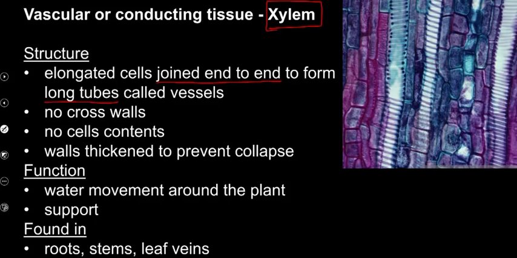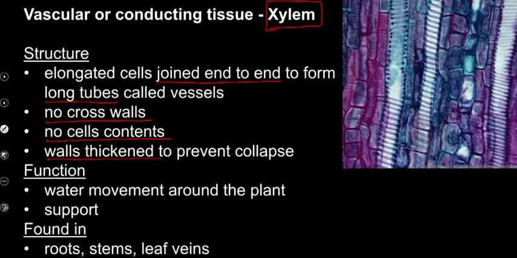To be able to transport substances, they're cells, but they don't have any cross walls because the walls would simply get in the way. They have no cell contents because the cell contents, nucleus, vacuole, things like that, would simply get in the way. They also have walls that are thickened to prevent collapse.